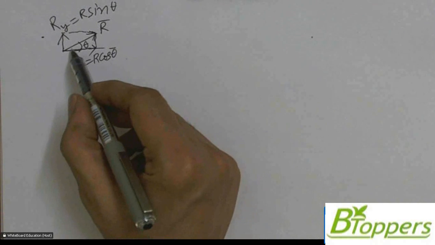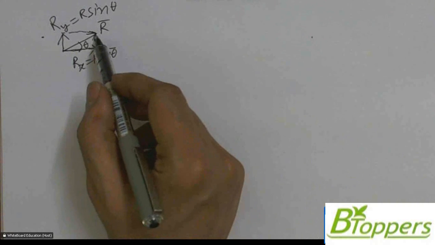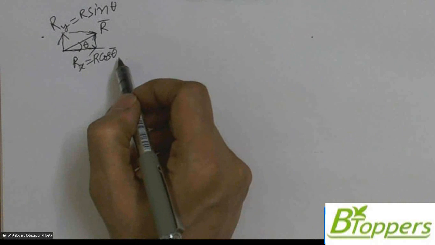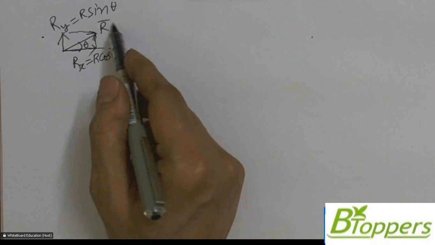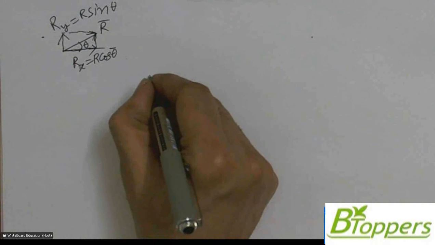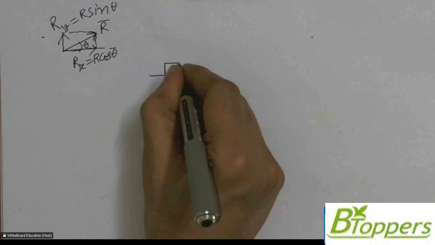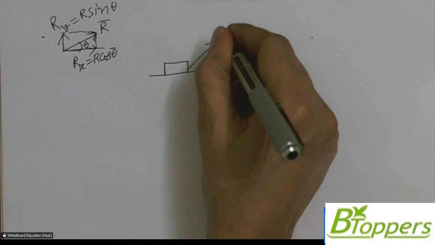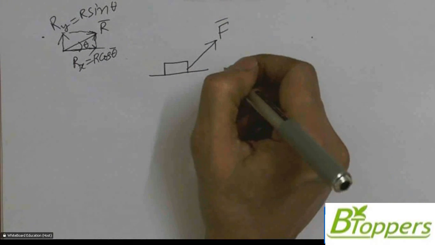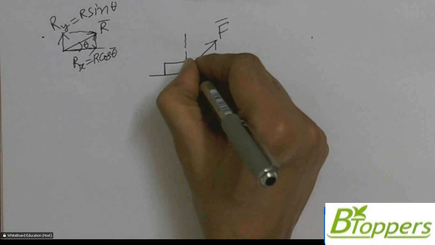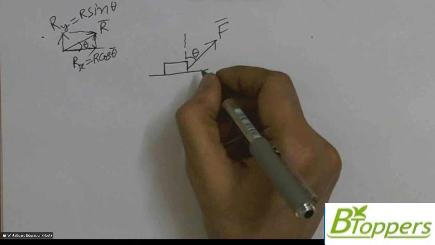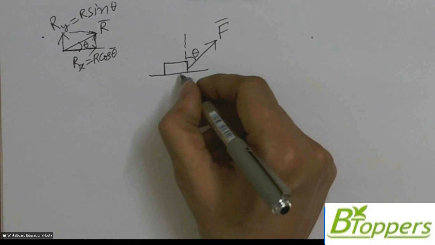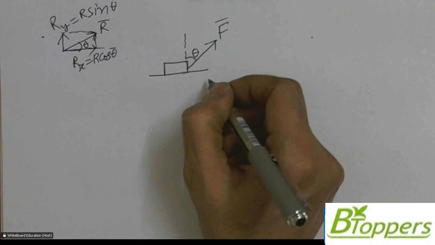You should remember that the component that makes an angle theta with the direction of the given vector r bar, that is r cos theta. The other component is r sin theta. For example, in one of the problems in Newton's laws, if you have a situation like this, a pulling force F bar acts at an angle theta with the vertical direction on a block of mass m resting on the horizontal floor.